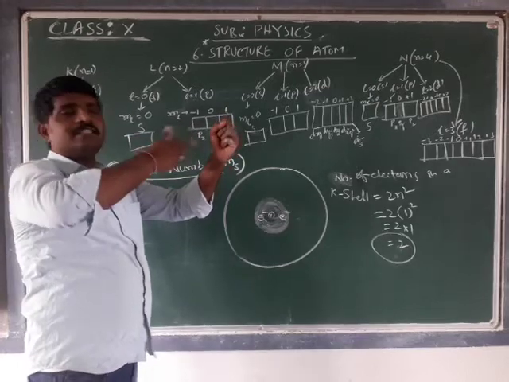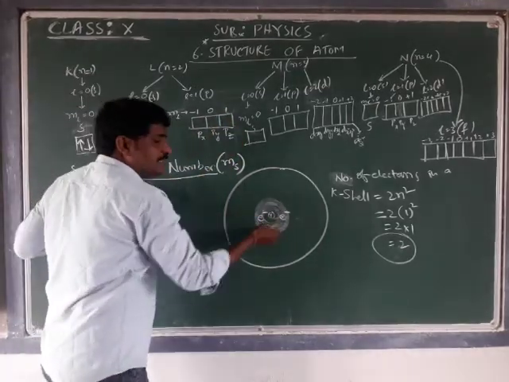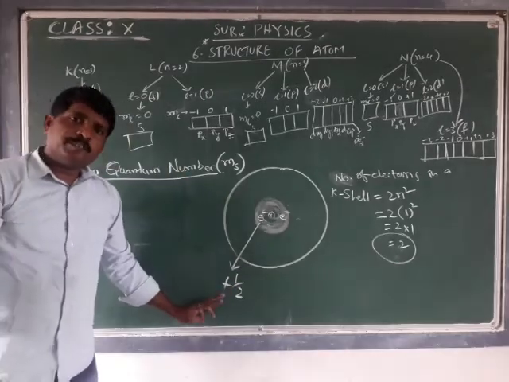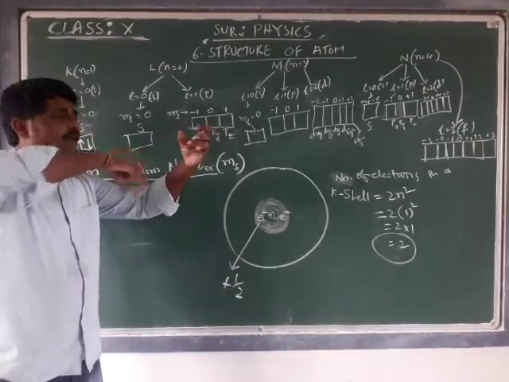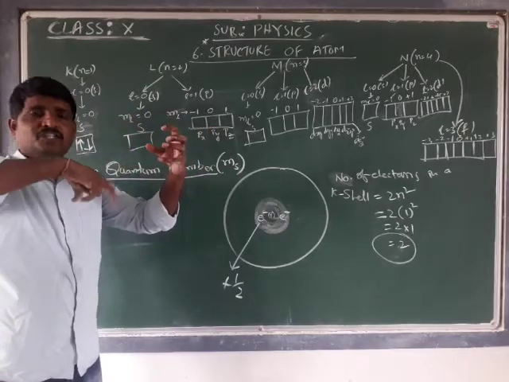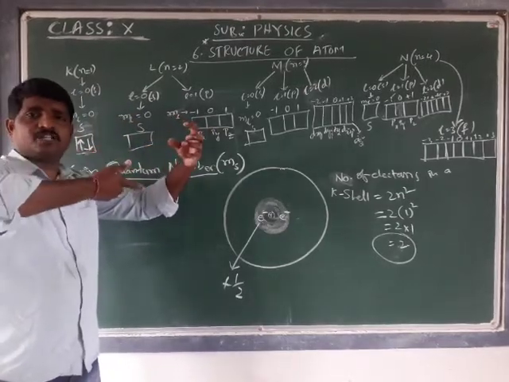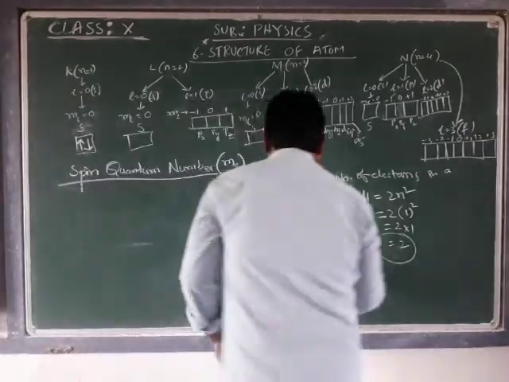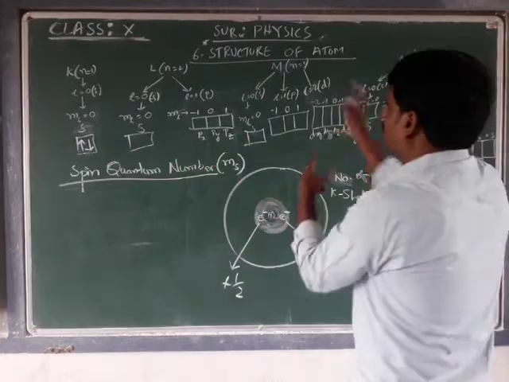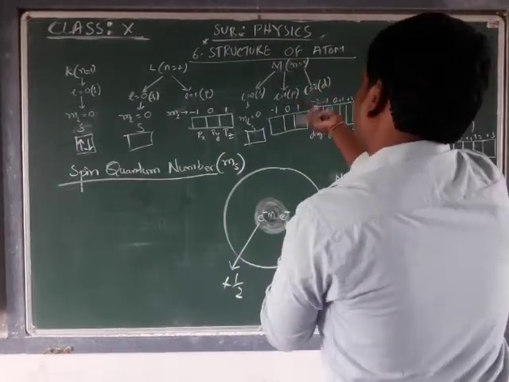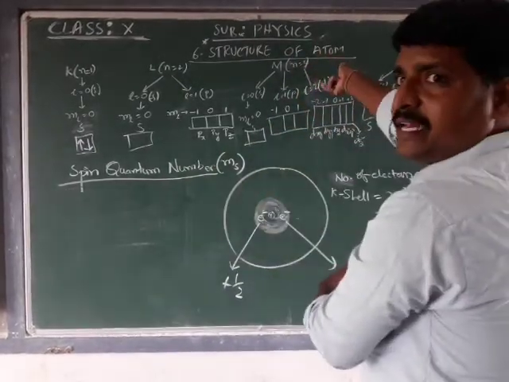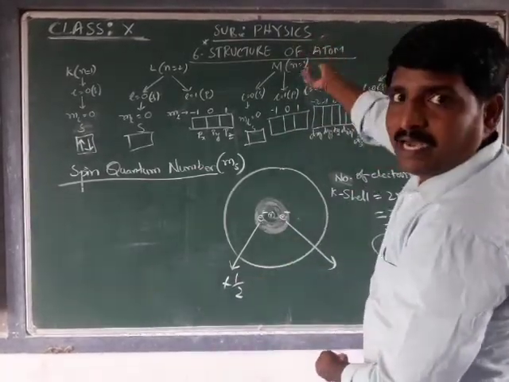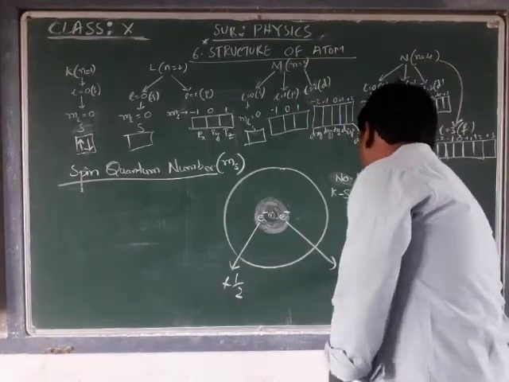If it is spinning in a clockwise direction, that is denoted by plus half. A clock rotates like this, so if it is spinning in a clockwise direction, that is represented by plus half. If the electron is spinning in an anti-clockwise direction, it is represented by minus half.